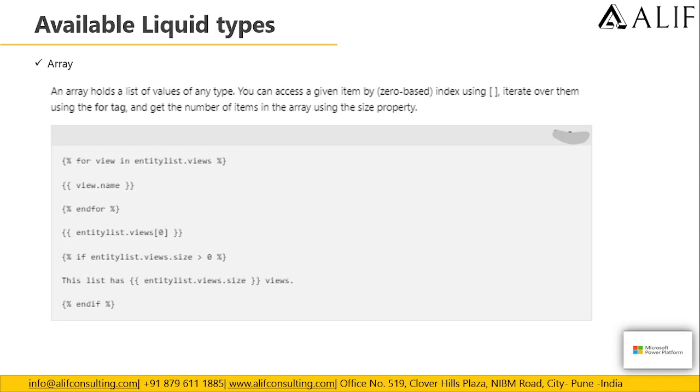Here entity list is an entity list having a list of records. In order to iterate through that list, you can make use of the for loop inside the liquid code. This is the syntax for that. If view.name, it will list the name one by one in each iteration.